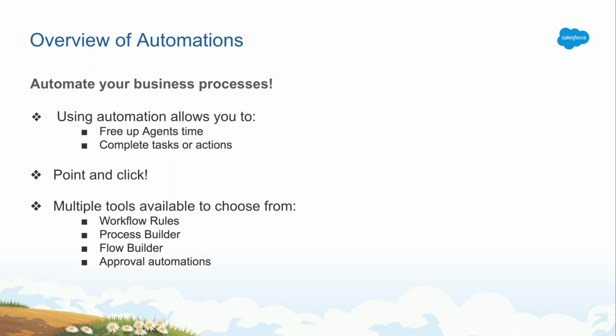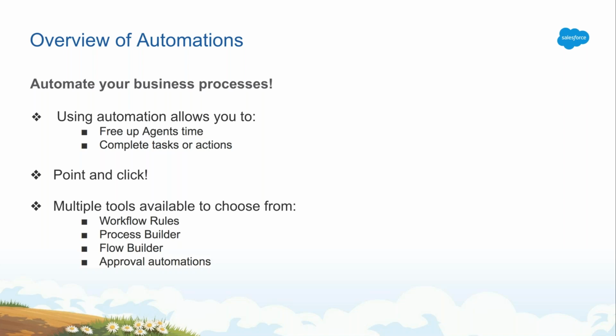So the reason why you would want to use automations is simply that instead of having to rely on your agents and your users to perform specific parts of your business processes in a manual fashion, you would want to automate it. And the benefits are twofold. The first is pretty obvious.